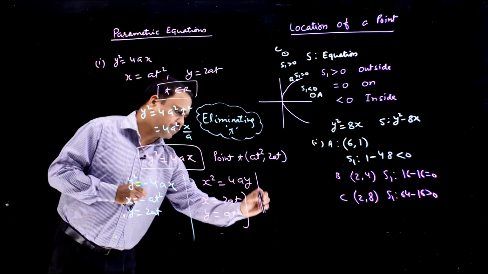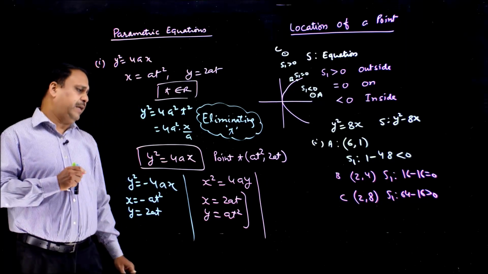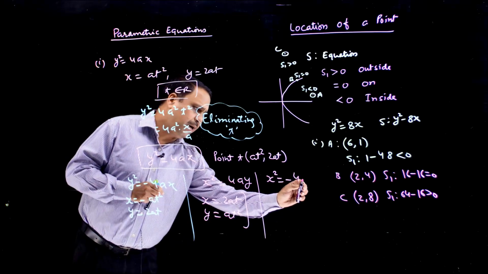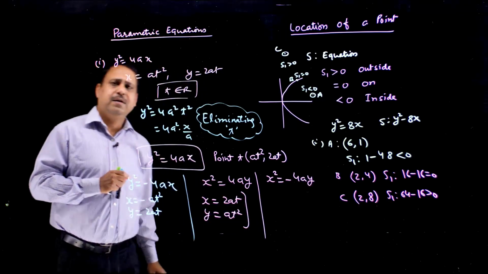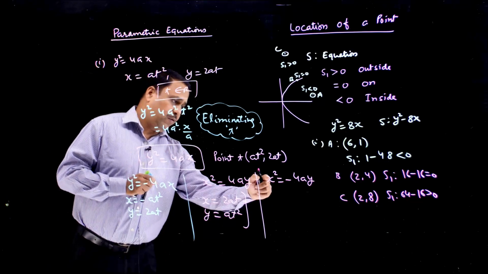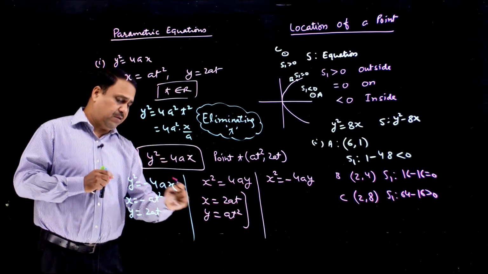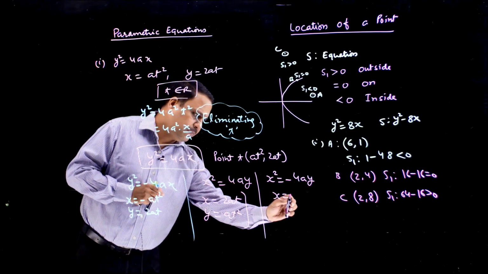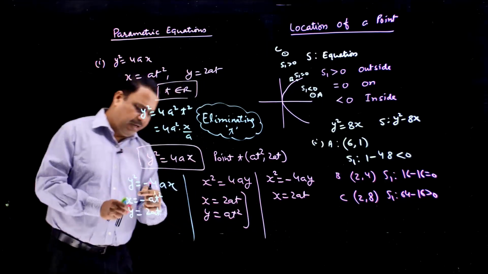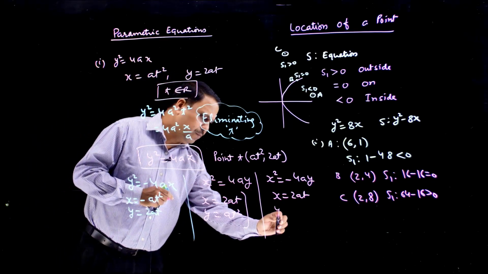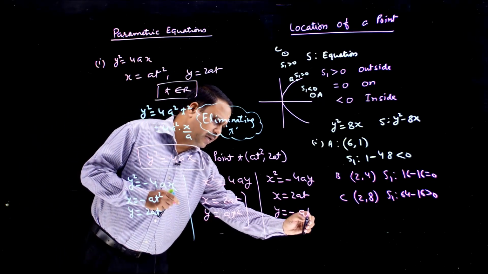Similarly, third case, if I take x square is equal to minus 4ay, in this case x and y will interchange. So x is equal to 2at and y will be how much? y is equal to minus at square.